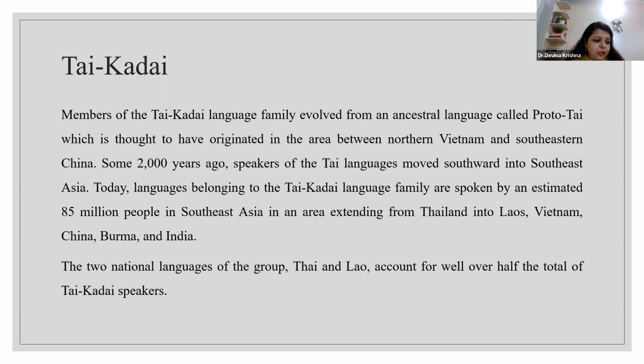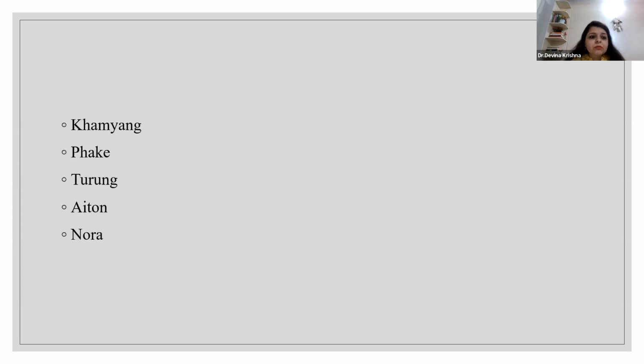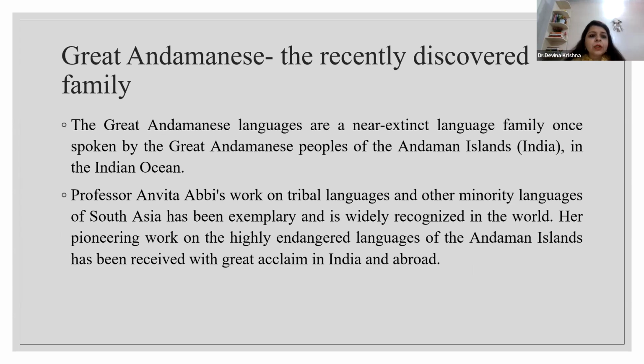The number of speakers of Ayatan, Khamiang, Pakial, and Pake make them endangered, leaving only Tai Khamti, spoken in Arunachal Pradesh, as the only vibrant language. So we can see that the state of these languages is not very good, and they are in a state of endangerment. We have Khamyang, Pake, Turum, Ayaton, Nora, as I said.